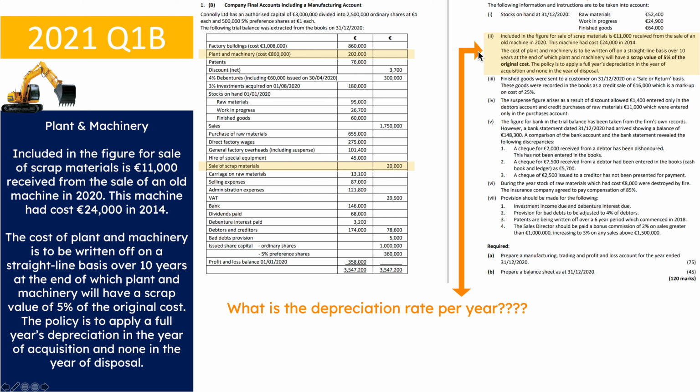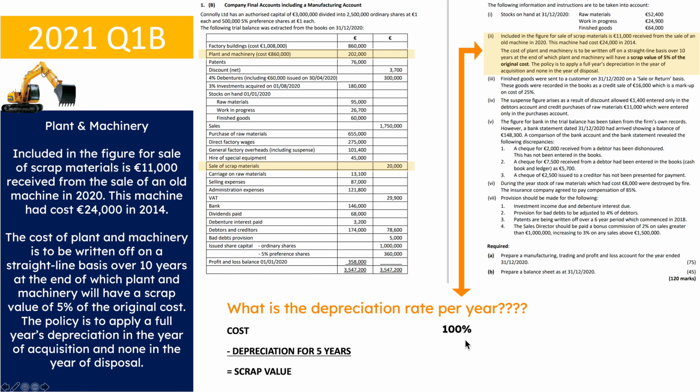It was like the 2019 company account, and not a lot of people knew how to treat this. Here they didn't actually tell us what the depreciation rate for the year is, so you have to take this information and try and figure that out yourselves. We look at this couple of sentences here. Cost of plant and machinery is to be written off over 10 years, and then they're going to have a scrap value of 5%.